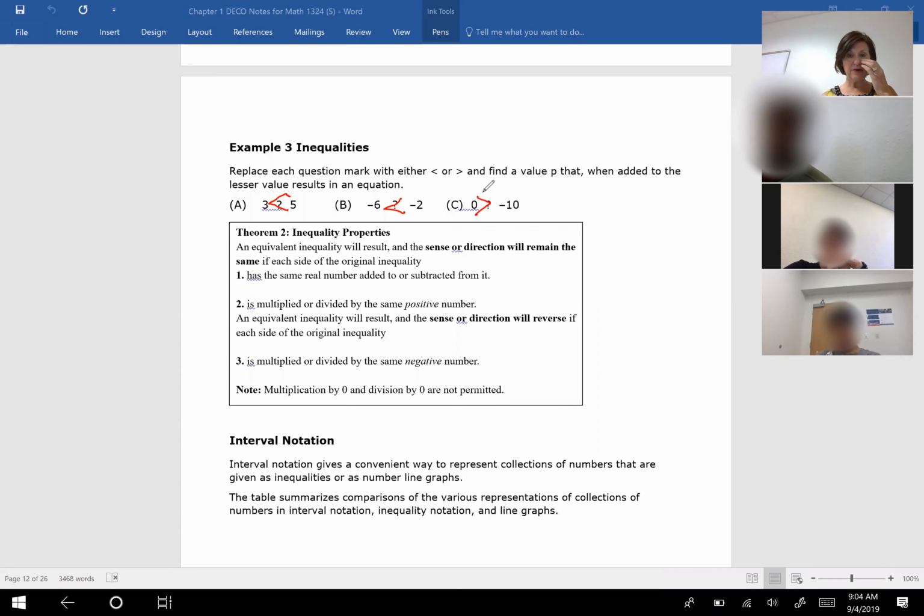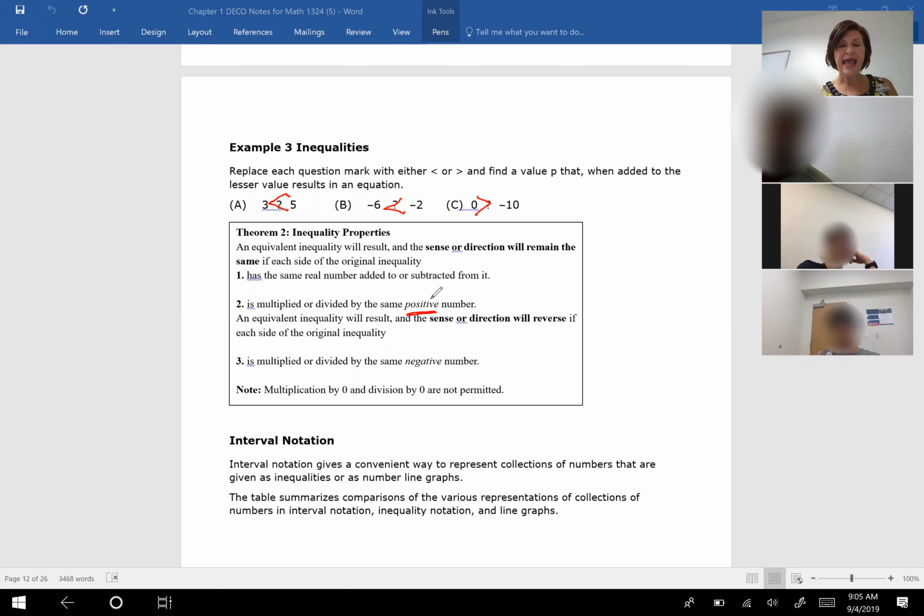Very good. Okay. Now, I already told you that you can add or subtract anything from both sides with inequalities, and it doesn't affect the inequality. But we have to be careful if we're multiplying or dividing. As long as I'm multiplying or dividing by a positive number, it does not affect the inequality sign.